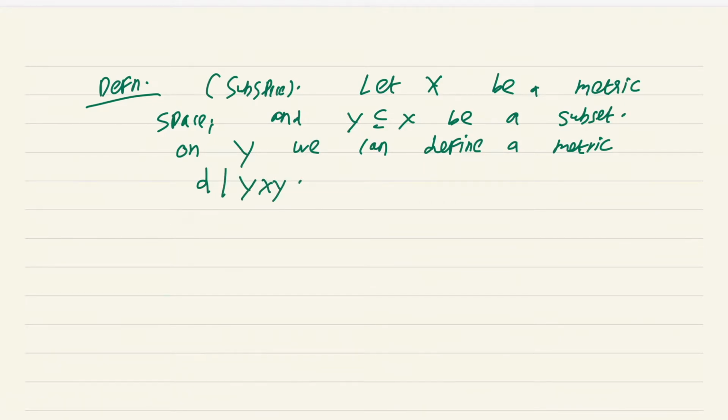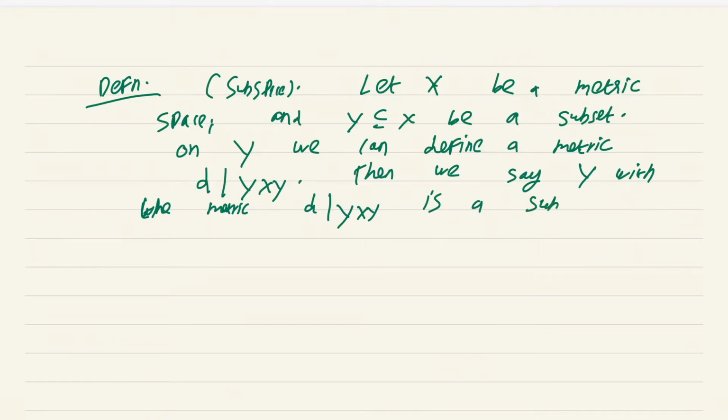You have this function d which is defined on X times X to R. We can restrict it to this product Y cross Y. Then we say Y with the metric, the fact that this is going to be a metric is obvious, is a subspace of X. So there was no need to actually take out time and highlight this as a definition.